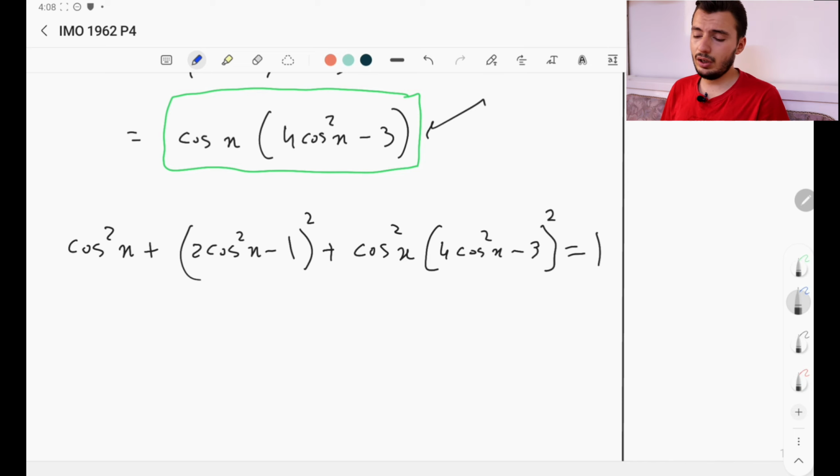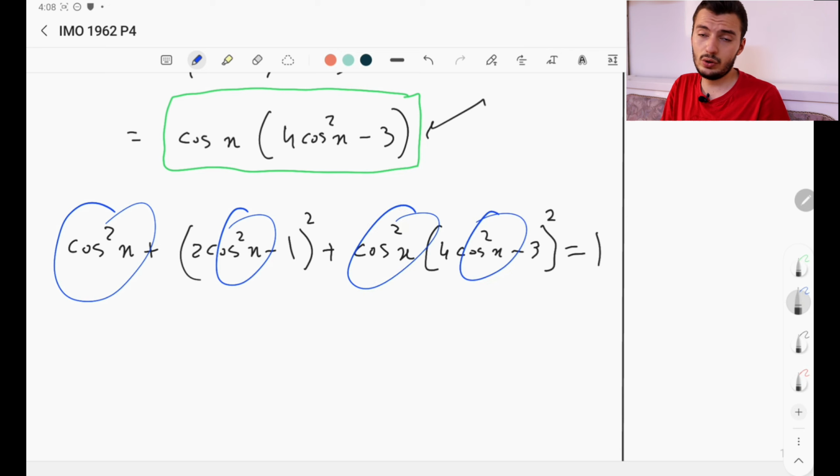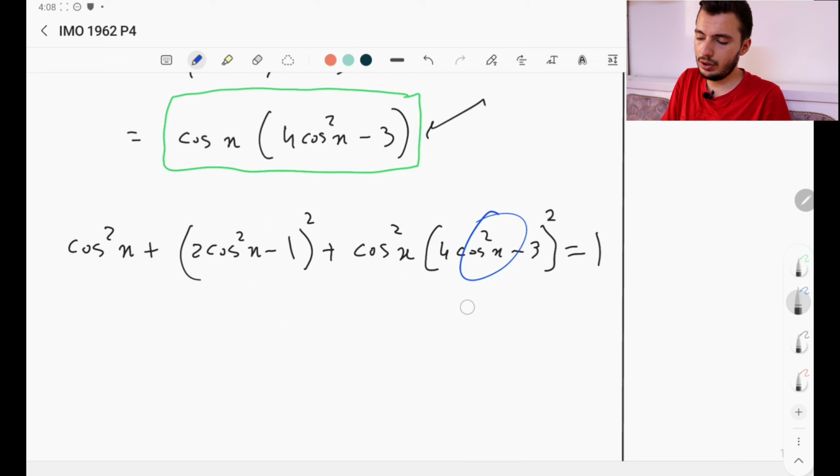So instead, let's take a look. We have here cosine squared, cosine squared, cosine squared, cosine squared. So guess what? Why don't we define a variable t, for example, such that t is cosine squared instead of cosine. So now instead of having an equation with degree 6, we have degree 3, which is much easier. Okay, so let's do this actually.